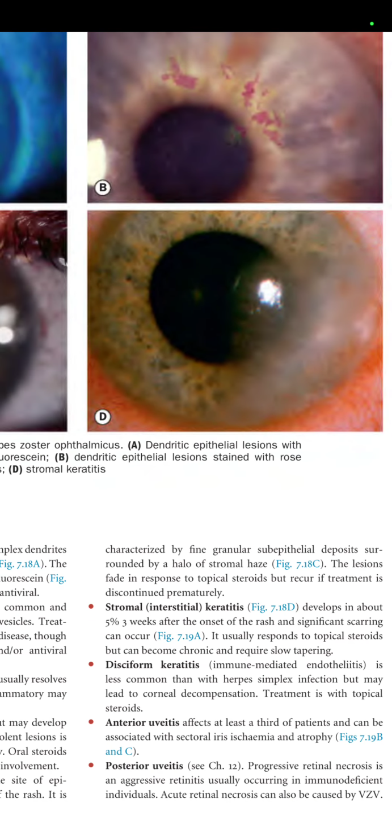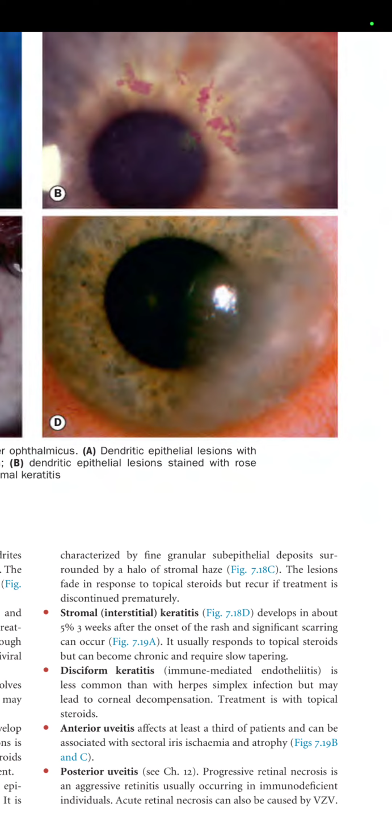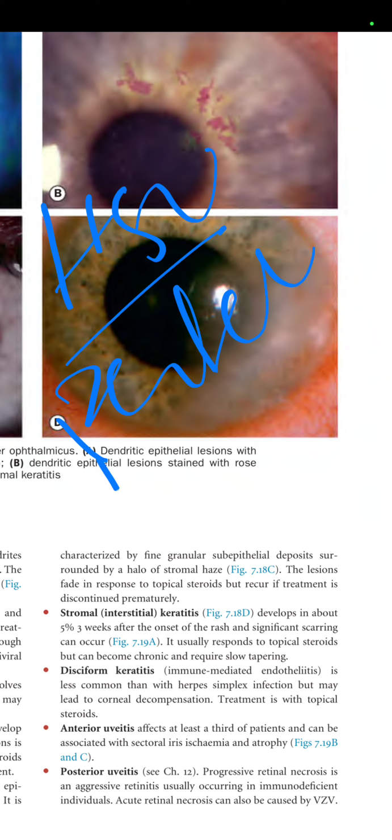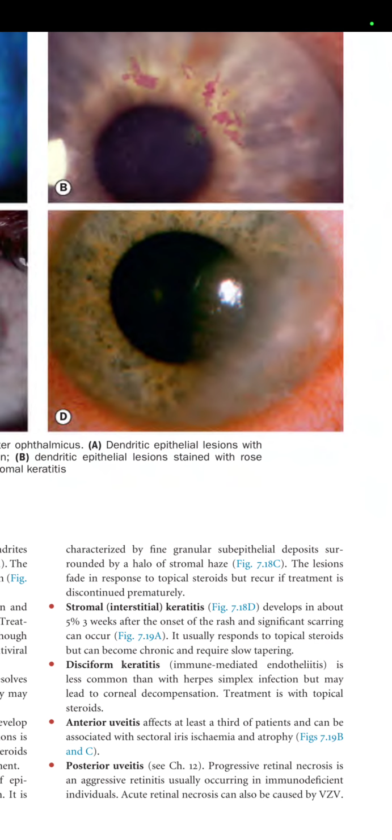Anterior uveitis affects at least a third of patients and can be associated with sectoral iris ischemia and atrophy. So just remember, in case of herpes simplex virus, it causes patchy iris atrophy, and in herpes zoster virus it is called sectoral iris atrophy. Posterior uveitis. Progressive retinal necrosis is an aggressive retinitis usually occurring in immunodeficient individuals.